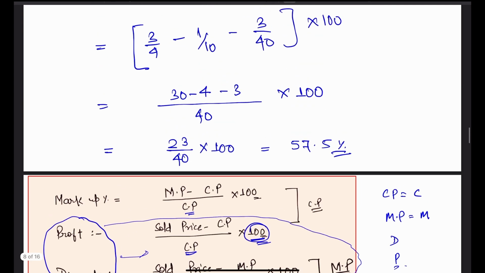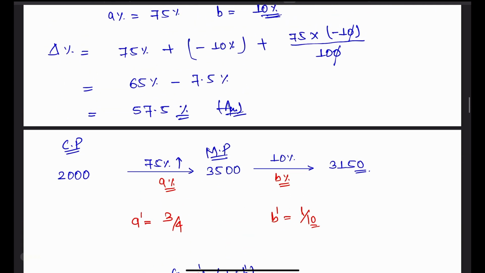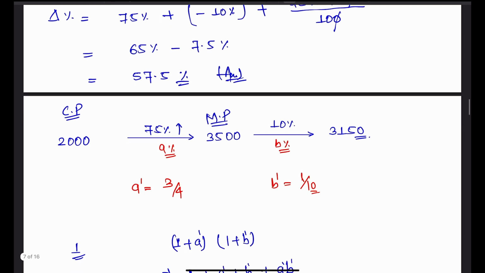How do I calculate discount? This discount is calculated as market price minus sold price, right?